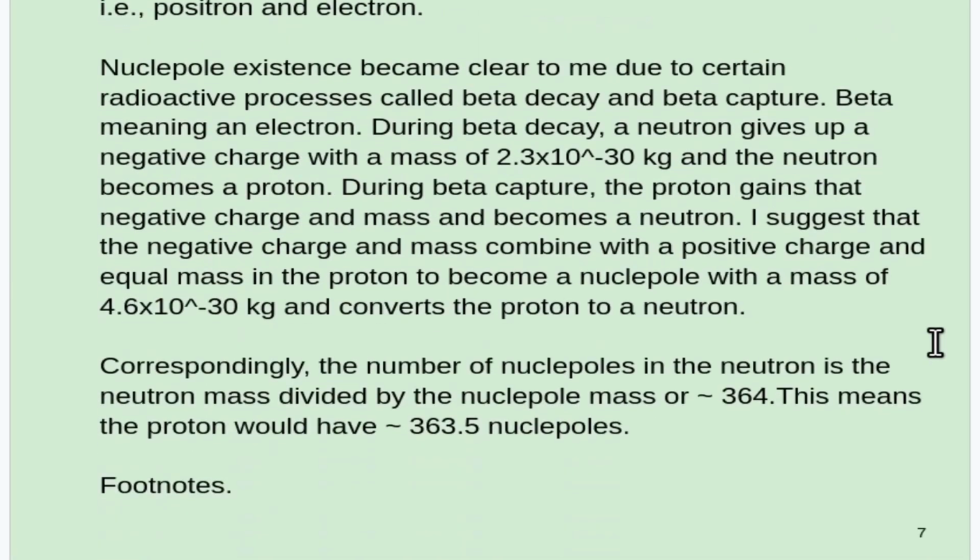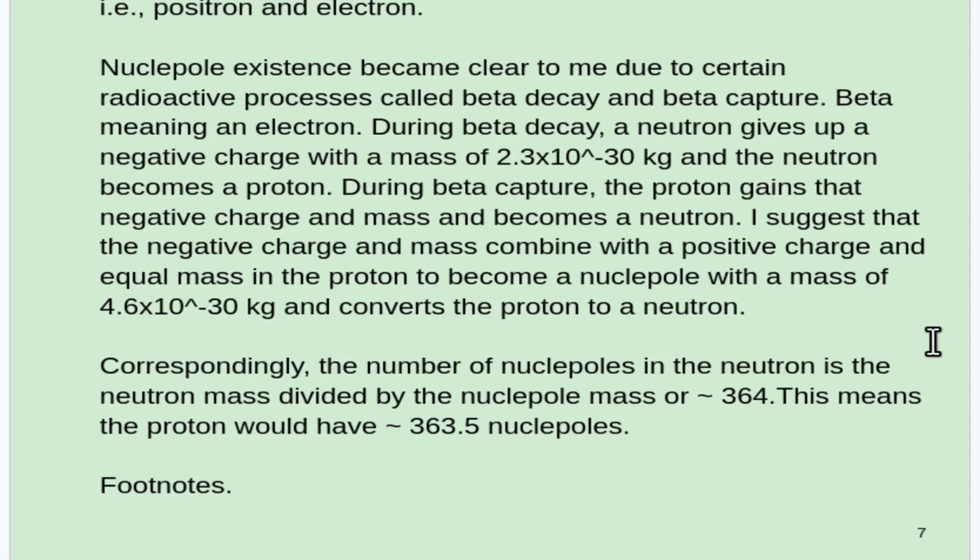Nucleopole existence became clear to me due to certain radioactive processes called beta decay and beta capture, beta meaning an electron. During beta decay, a neutron gives up a negative charge with a mass of 2.3 times 10 to the minus 30 kilograms, and the neutron becomes a proton.